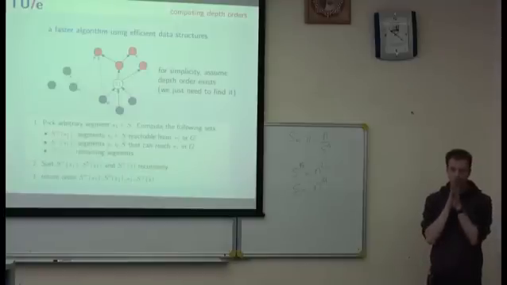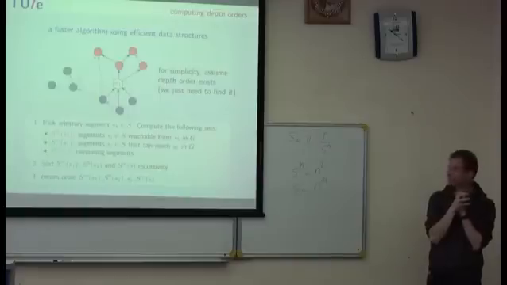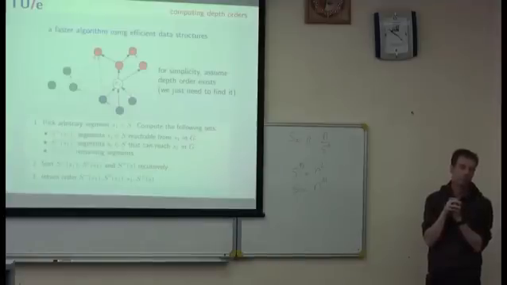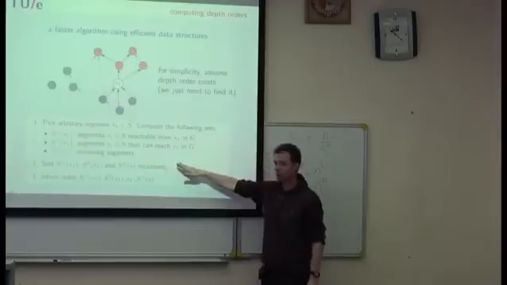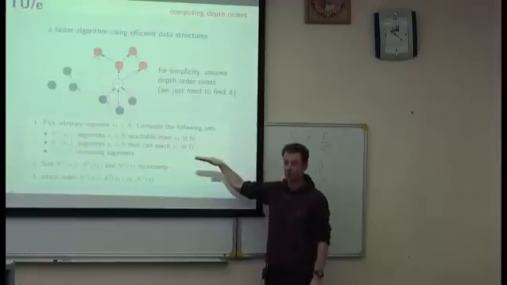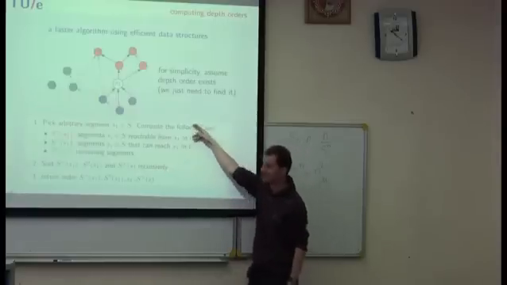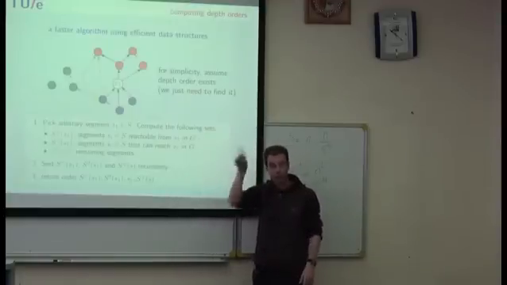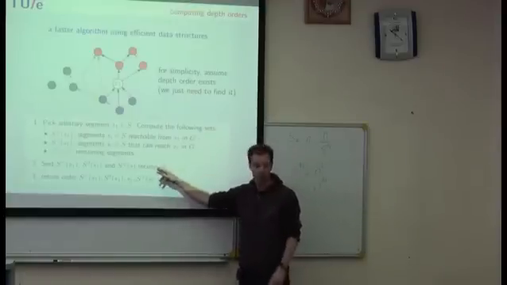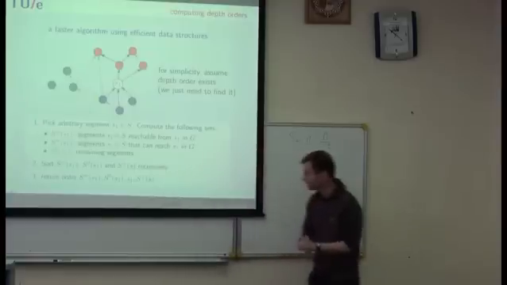Yes? Step 2, you sort them by which property of the... Okay, so here maybe I should have written compute a depth order. So this is an algorithm that sorts according to this funny relation, and that's the same thing here. Yes, thank you.